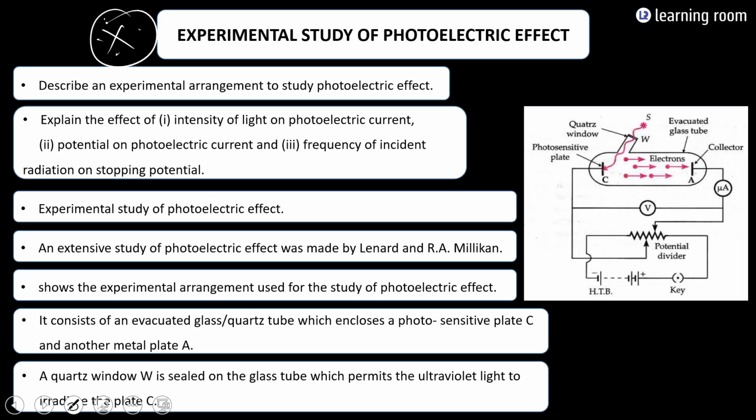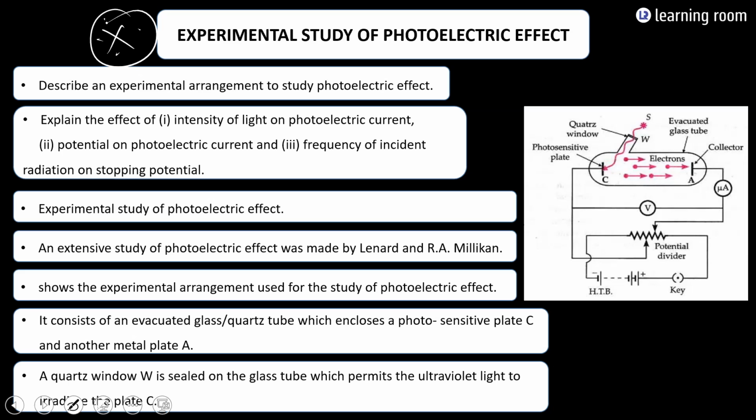It should overcome the work function of this material, and it should give sufficient kinetic energy to these electrons to travel from C to A. Though it tries to do so, sometimes some electrons might not get sufficient kinetic energy to travel from C to A. To ensure that there is no loss of electrons, you take the anode and connect it to the positive terminal, that is the collector plate, so that all the electrons that are getting released will try to get collected at the collector. Are you able to understand the logic behind this experimental setup? So this is what happens.